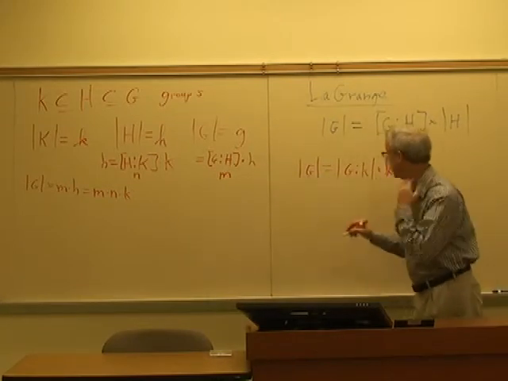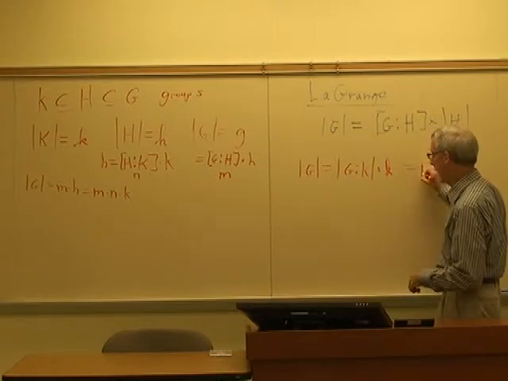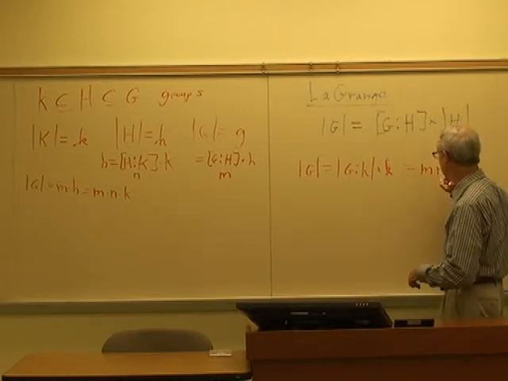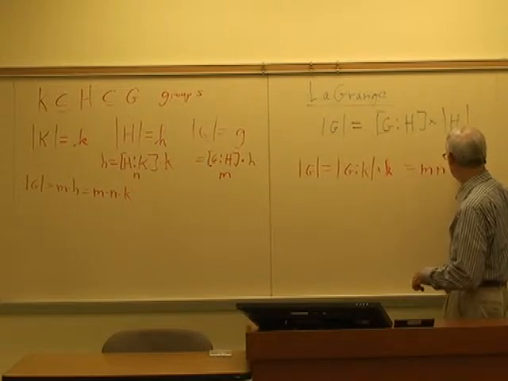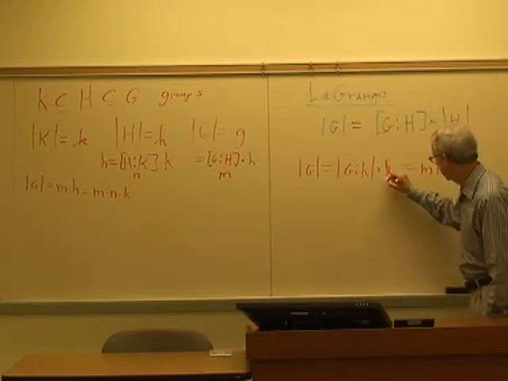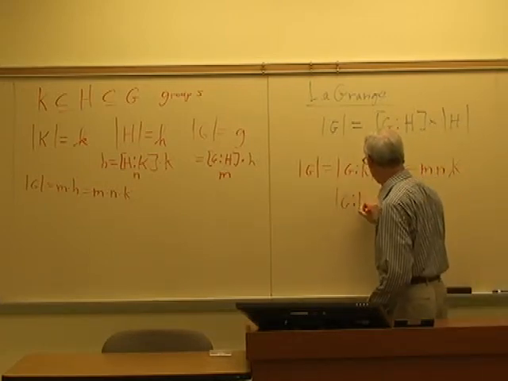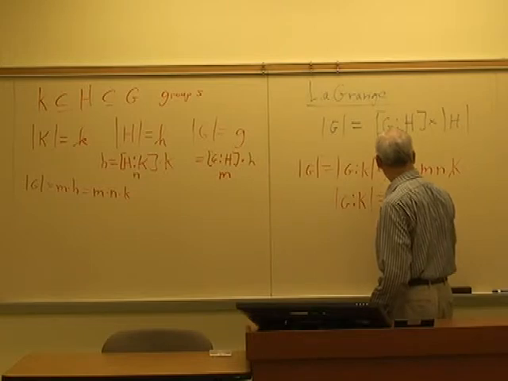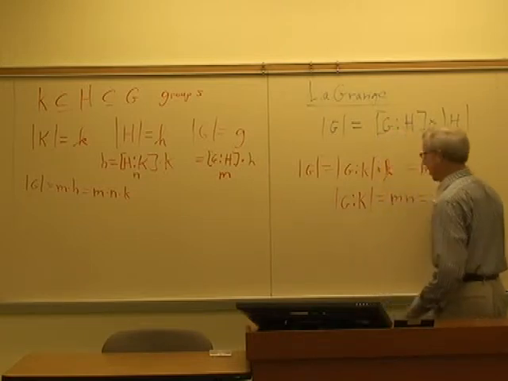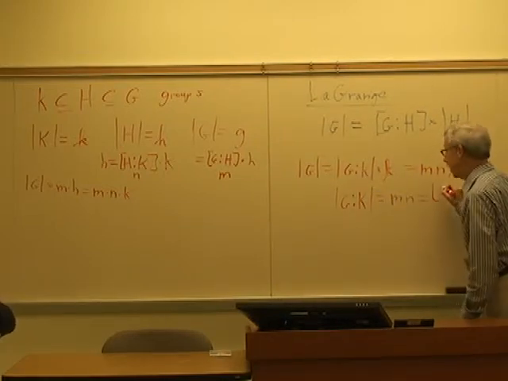But what's all this equal to? The size of G is equal to M N k. So cancel the k's, and the index here must equal M N, but what's M N? It's those other indices, right?